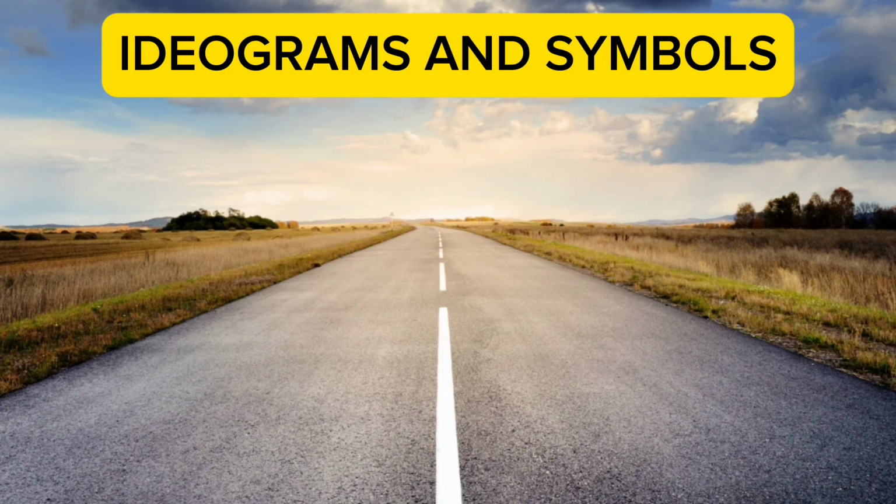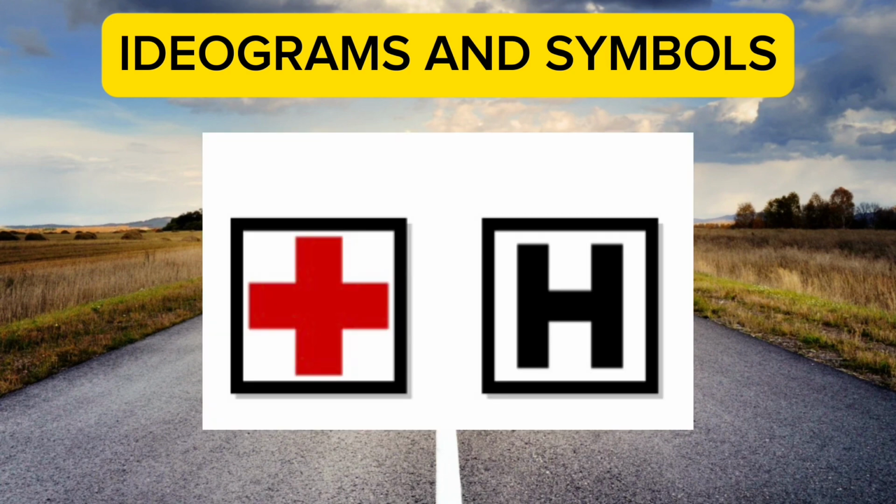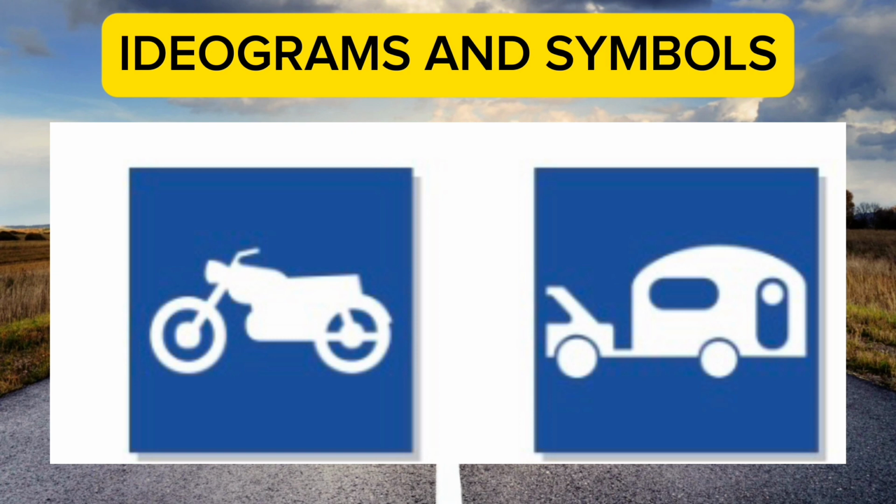We have ideograms and symbols. The ideograms that appear on direction signs are placed in front of the destination indication. Their role is to characterize the kind of direction indication and to facilitate the reading of the direction signs by deleting some of the written information.